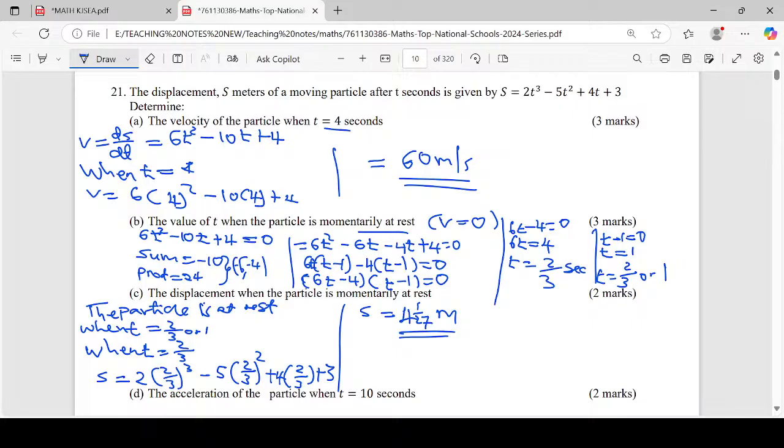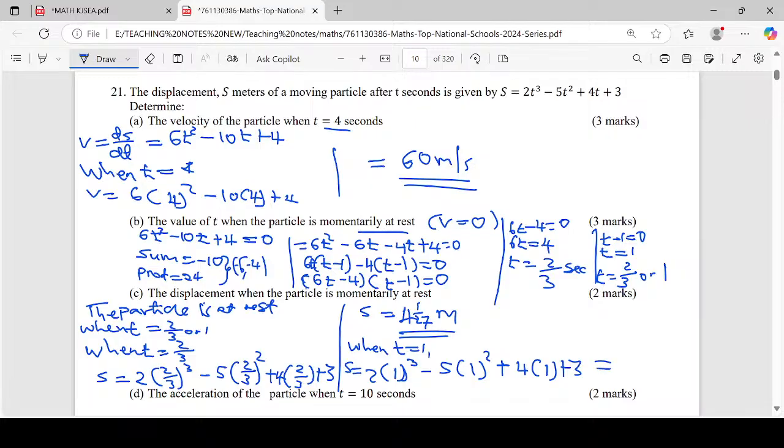What about when t is equal to 1? When t is equal to 1, s is given by 2 into 1 cubed, then minus 5 into 1 squared, plus 4 into 1 plus 3.